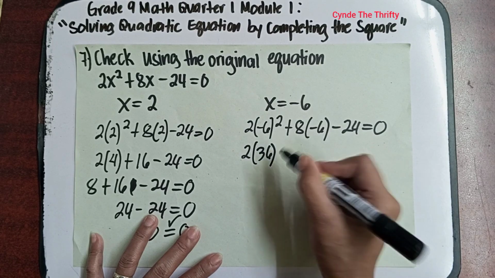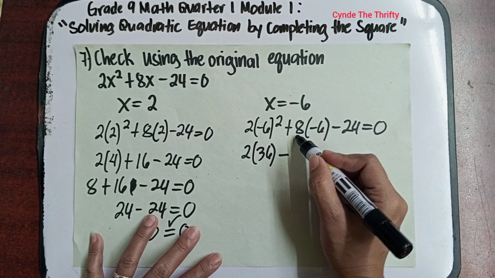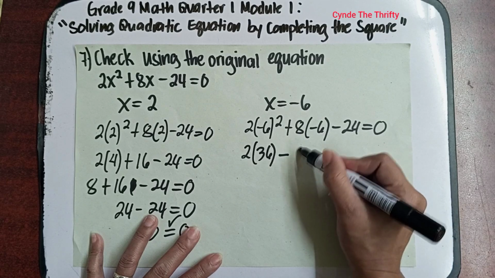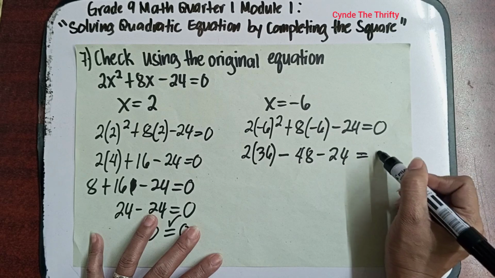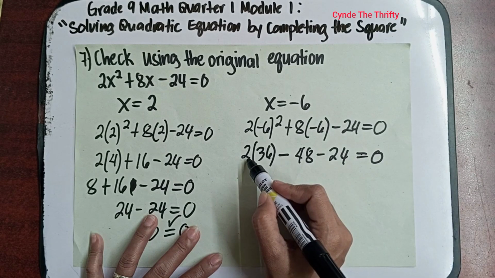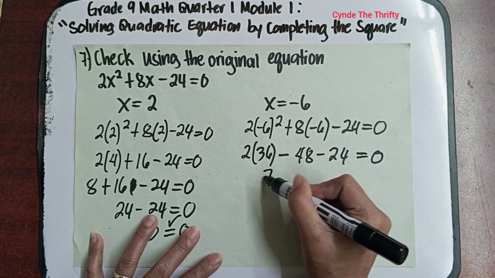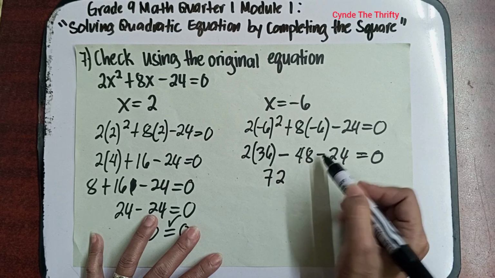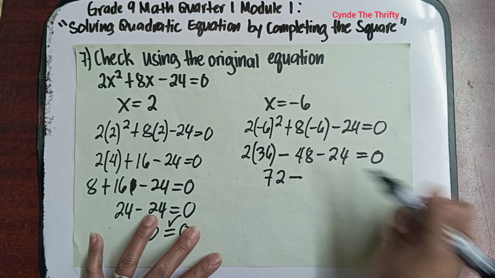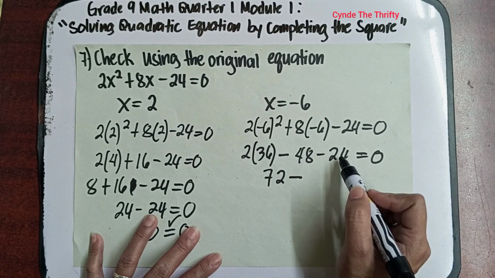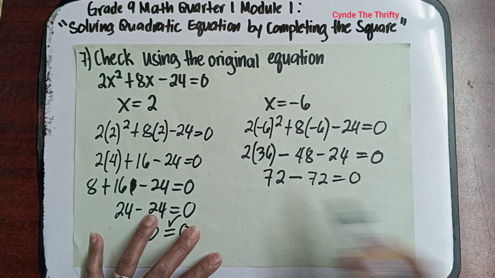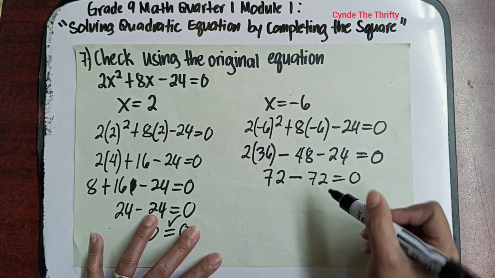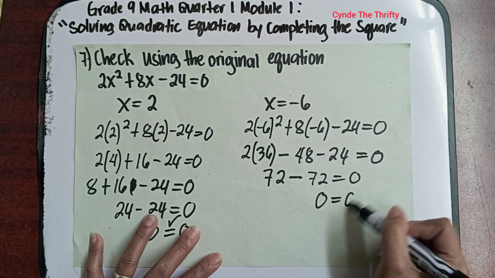Positive and negative is negative. 8 times 6 is 48. Minus 24 is equal to 0. 2 times 36 is equal to 72. Negative and negative add, then copy the negative sign. 48 plus 24 is equal to 72. So 72 minus 72 is equal to 0.